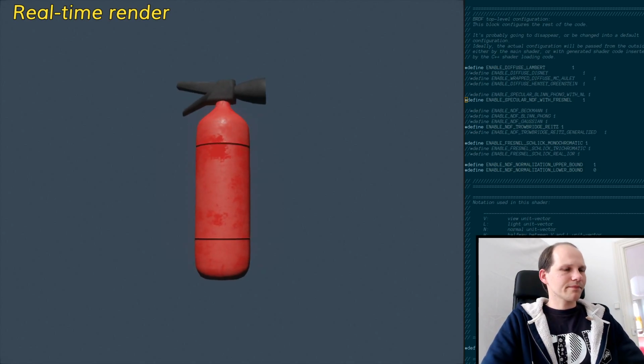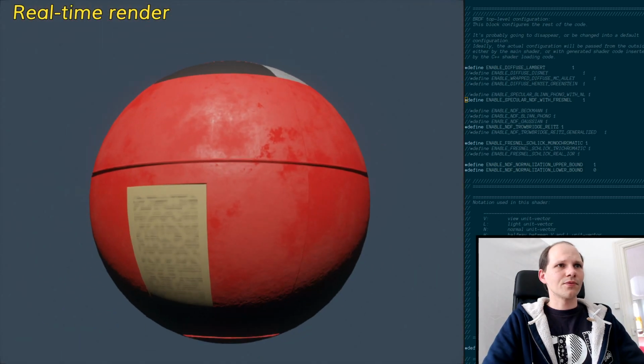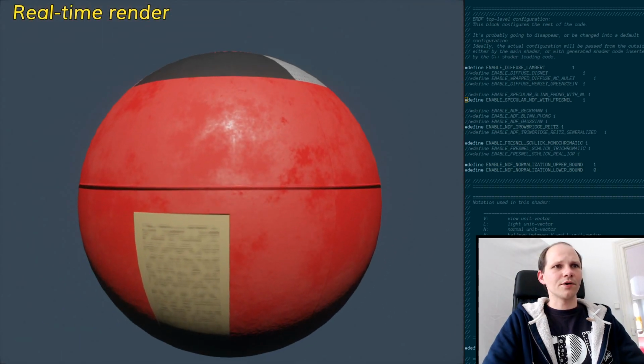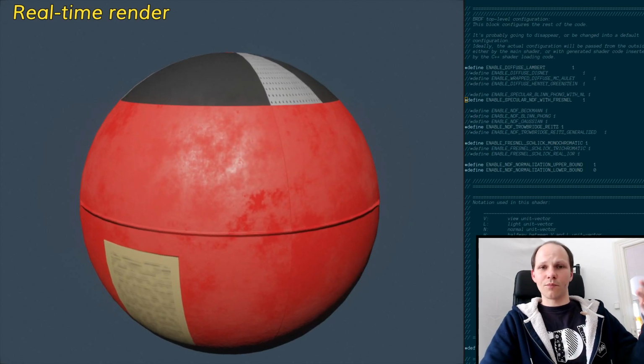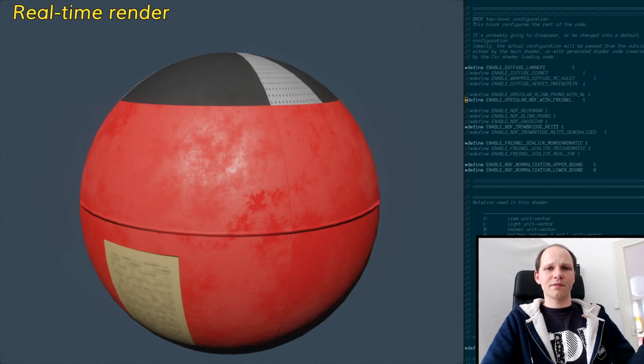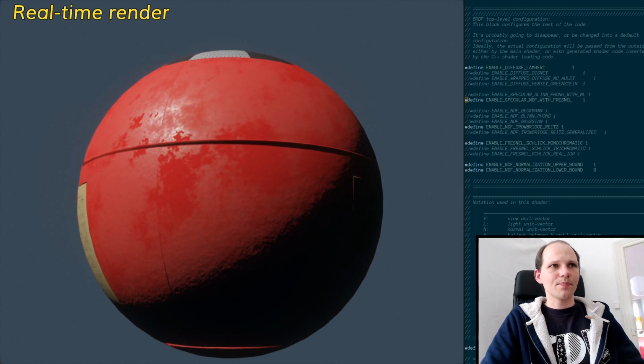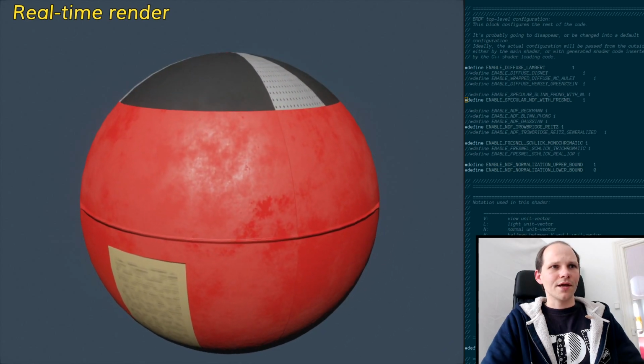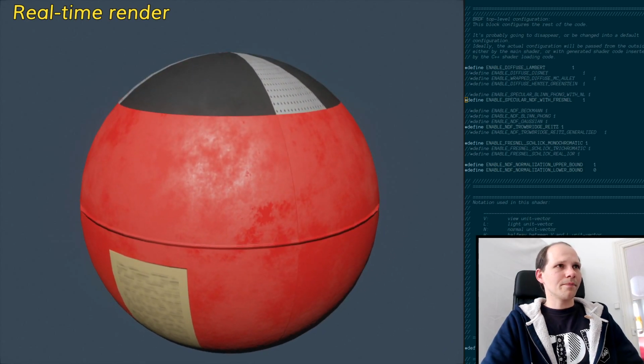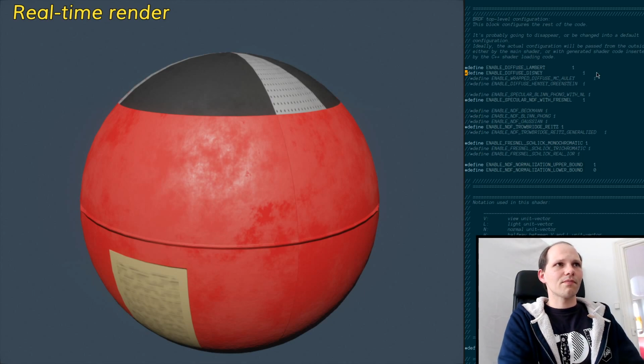And now, one question is about the diffuse BRDF, because, for example, the paper of UE4 was arguing that it was not really worth the trouble having something different than Lambert. So here, this is Lambert, and I'm going to enable the Disney diffuse, and you can see the difference.